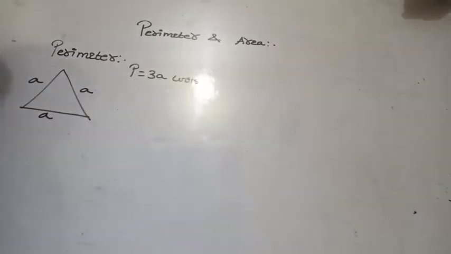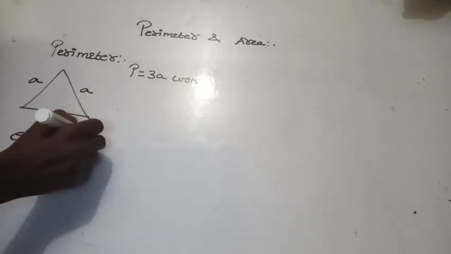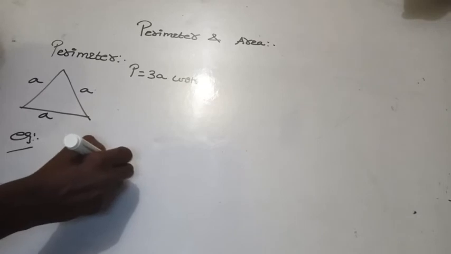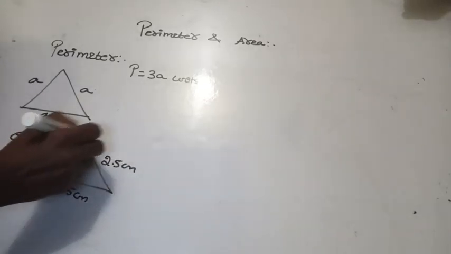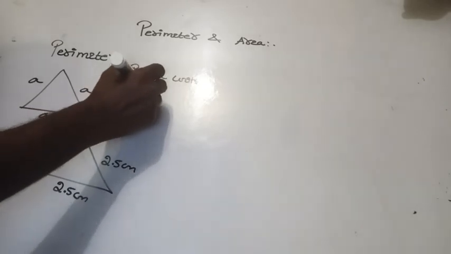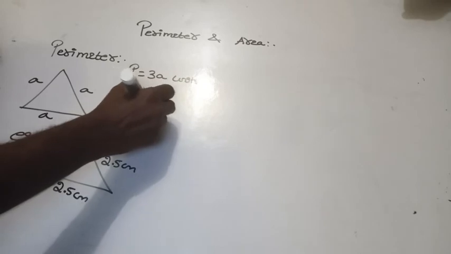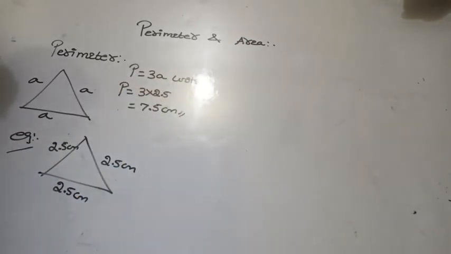Example, let the side of the triangle be 2.5 centimeter. Then the perimeter is 3 into 2.5, that is equal to 7.5 centimeter, which is the perimeter of an equilateral triangle.